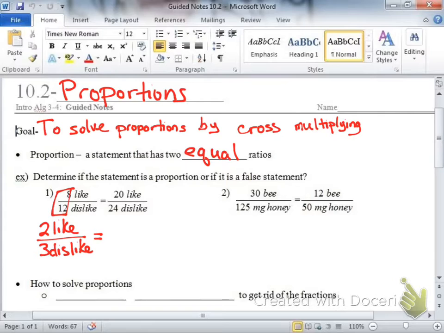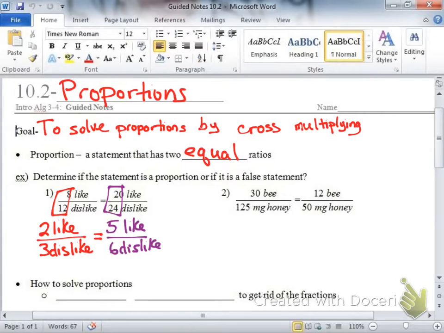So the first one, 8 like over 12 dislike, simplifies to 2 like over 3 dislike. Now simplify this ratio and see if you get the same thing. That one gives you 5 over 6. Do those equal one another?